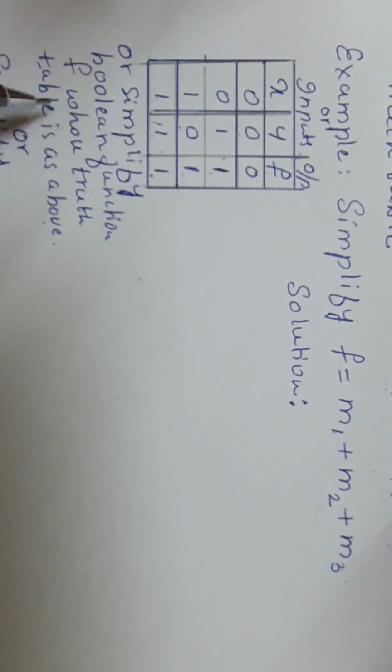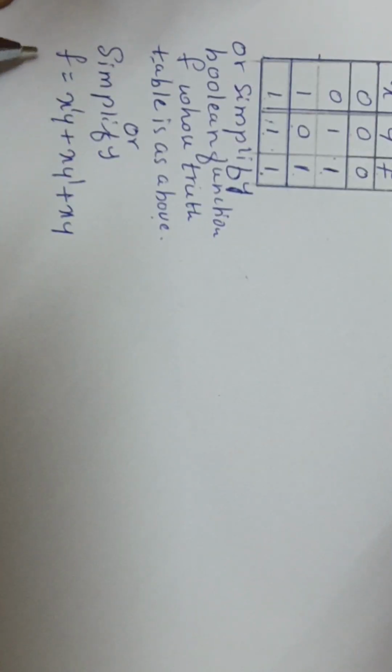One more form of expressing or asking the same problem: simplify f equal to x dash y, or, this is logical or, x y dash, or x y. So x dash y: x is 0, y is 1, 0 1 means this is m1. This is 1 0, this is m2, 1 1, this is m3.